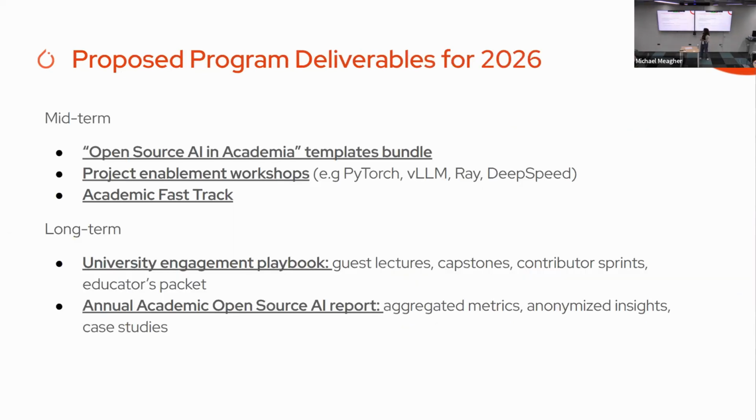There are also other program deliverables that we are thinking of in the midterm and long term for 2026: a set of templates on open source AI best practices for academia, and workshops on project enablement, which can be on-site at major AI conferences like PyTorch Conference, or virtual. Also an academic fast track bundle, with steps or mentorship to help academia get more involved in the PyTorch ecosystem. And in the long term, an open source AI report or playbook. These are more ideal things, still being cooked, and we would like your input, your feedback, and your contributions if you would like to get involved in the governance role to get this more into shape.